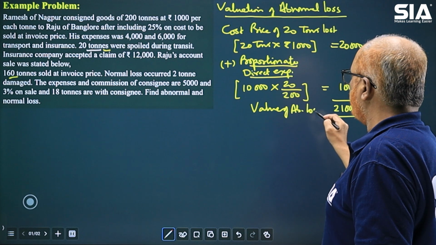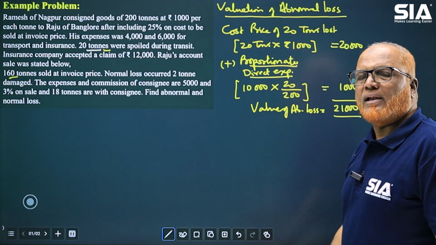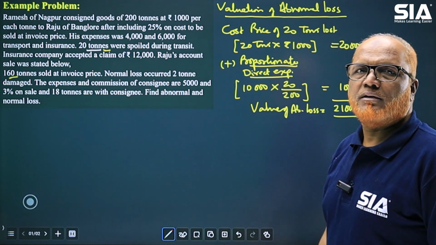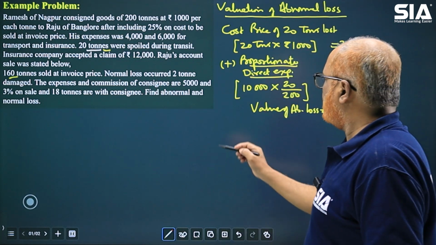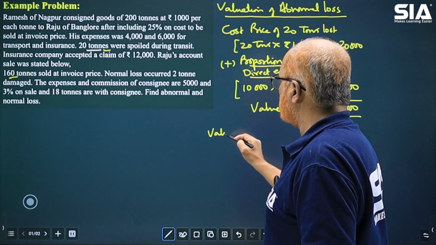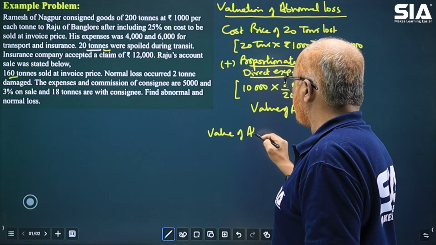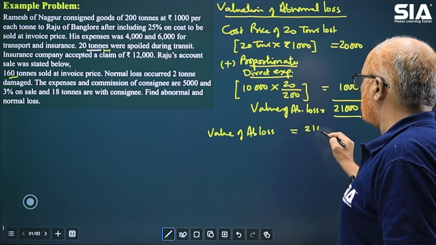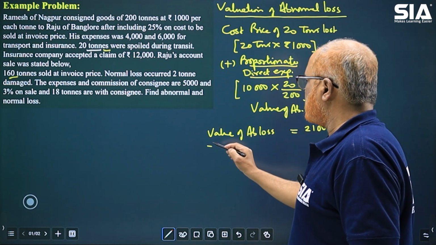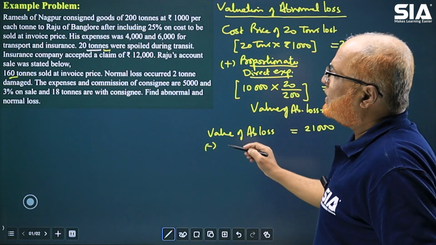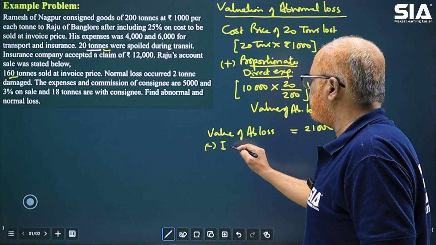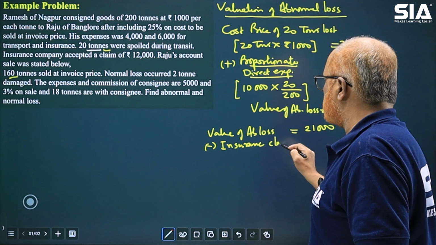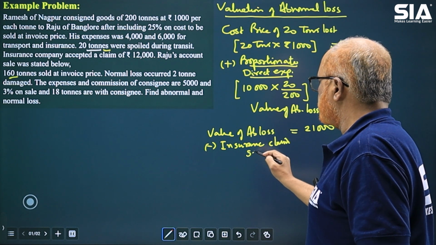This is the value of abnormal loss. Now, out of this value, some amount is receivable from the insurance company, 12,000. So the value of abnormal loss is equal to 21,000 minus insurance claim settled.